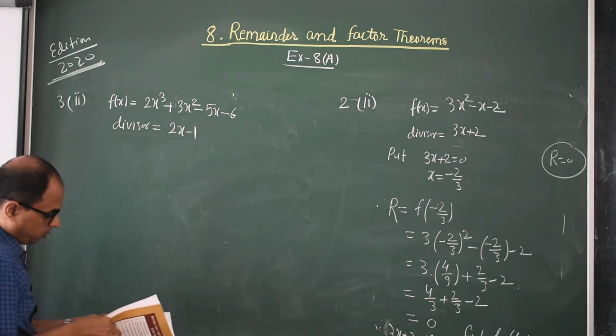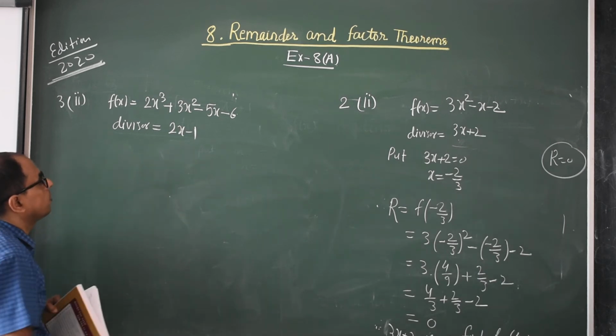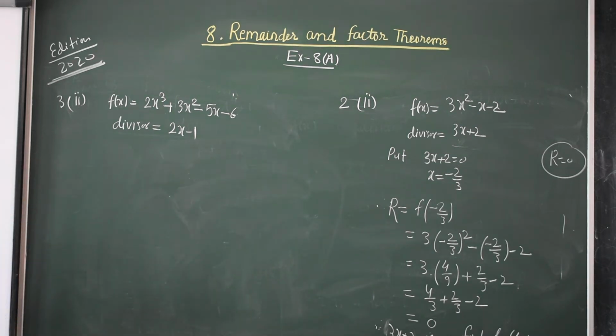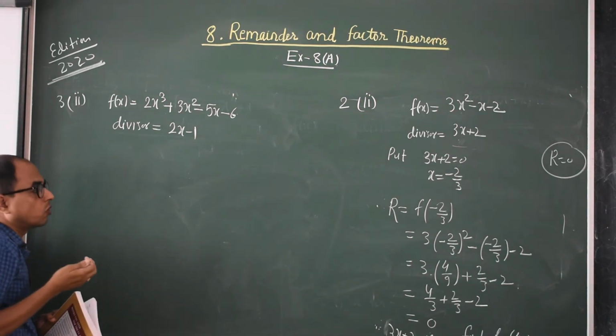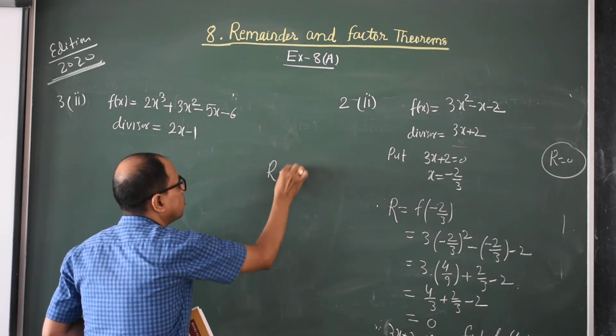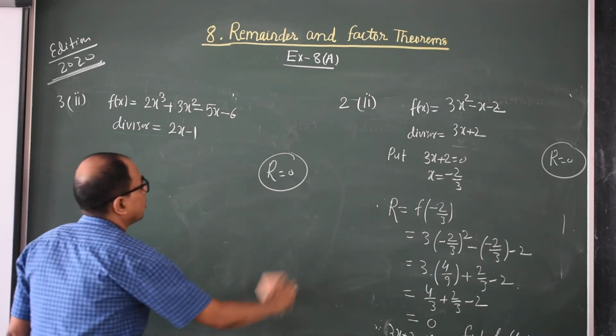Now the question is, we have to check whether this 2x minus 1 is a factor of this given polynomial or not. For a factor, what is the condition? The remainder must be equal to 0. This is the condition for a factor. So let us find the remainder.